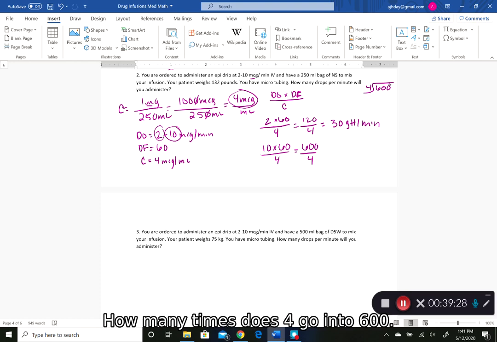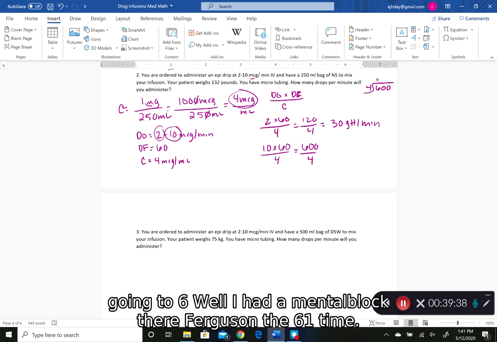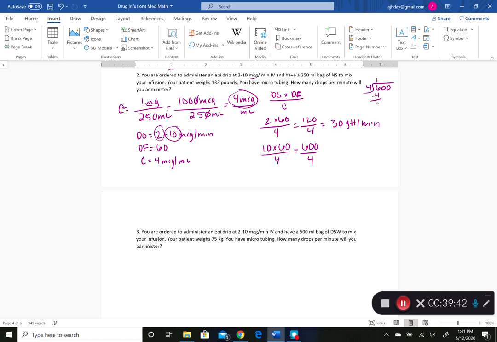How many times does 4 go into 600? I have 4 goes into 6. Wow, had a mental block there. 4 goes into 6 one time. Gives me 2 left over. 4 goes into 25 six times. Equals 24. I got 0 left over here. So 150.